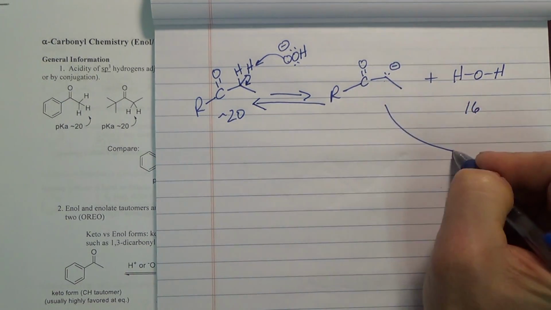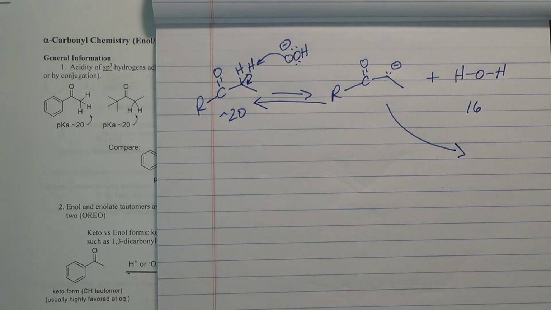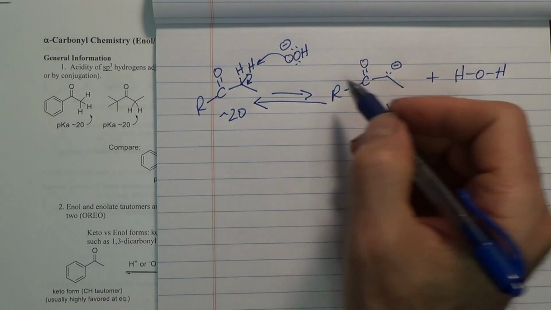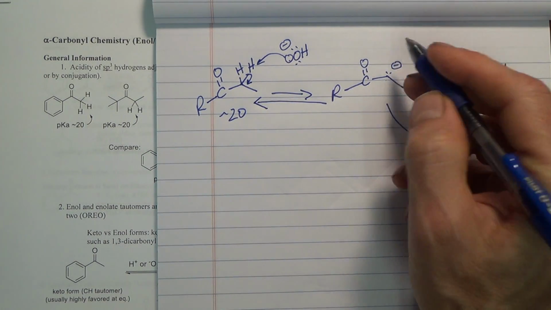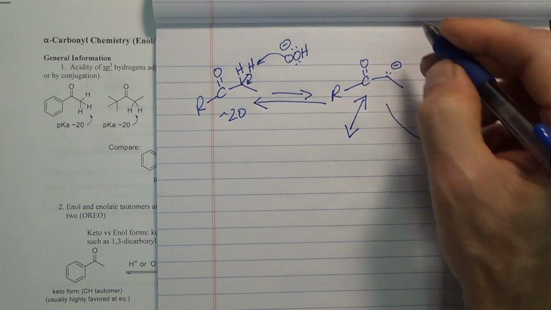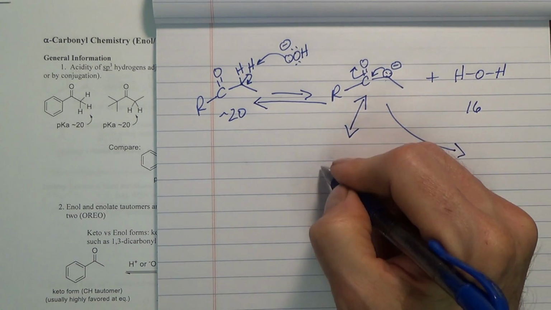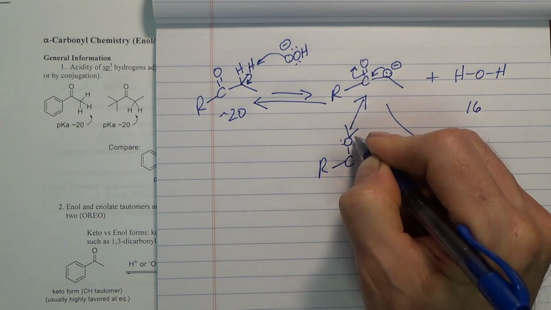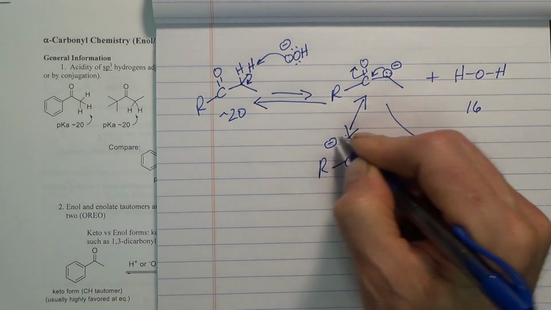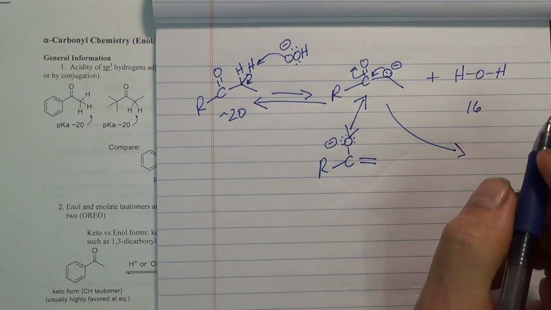And then maybe this can react, and that would drive this equilibrium to the right. So why is this acidic? Well, let's look at the stability of the conjugate base. It is resonance stabilized. These electrons move in here, these electrons here, and that would give oxygen anion and double bond here.